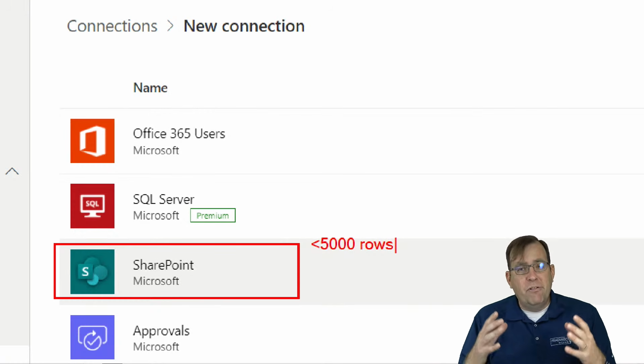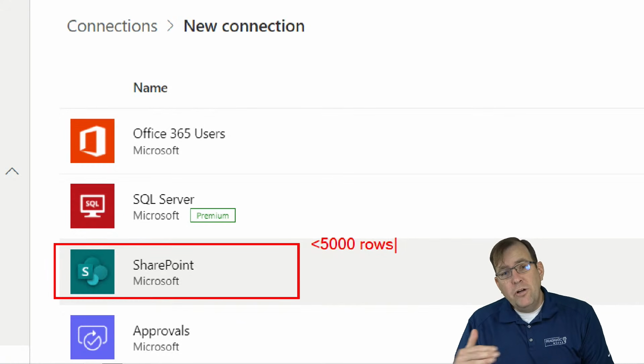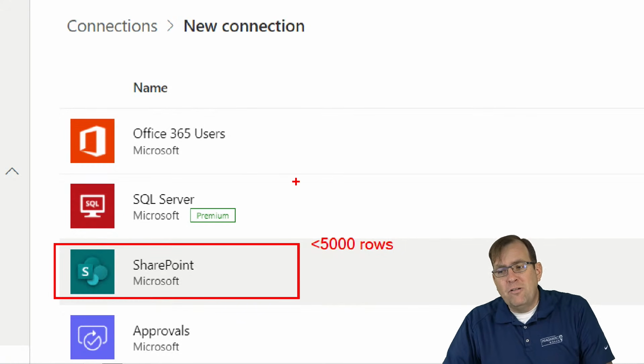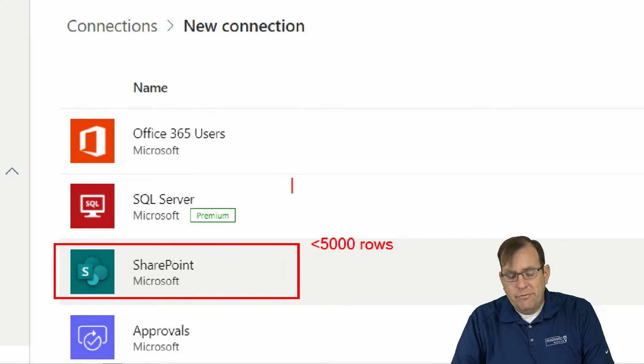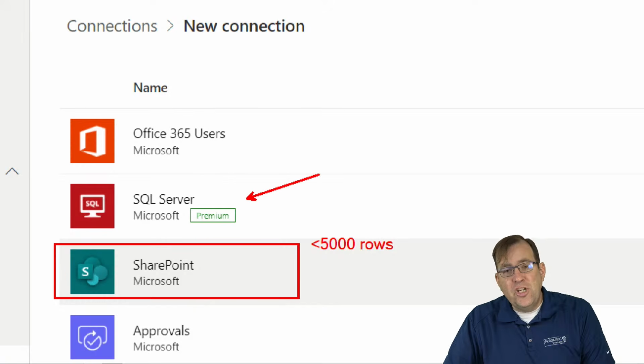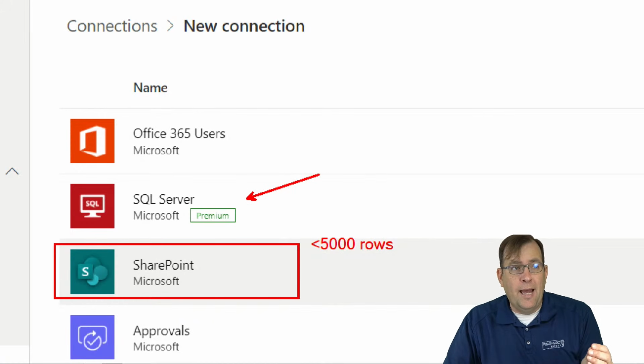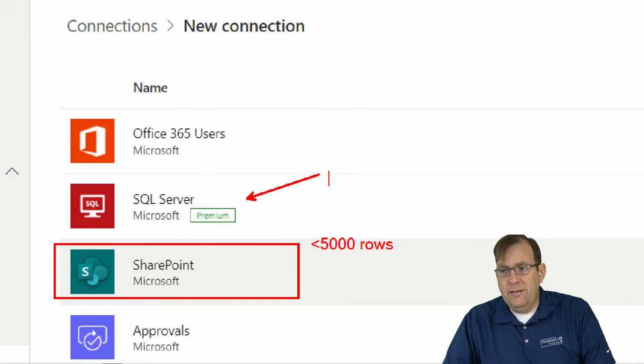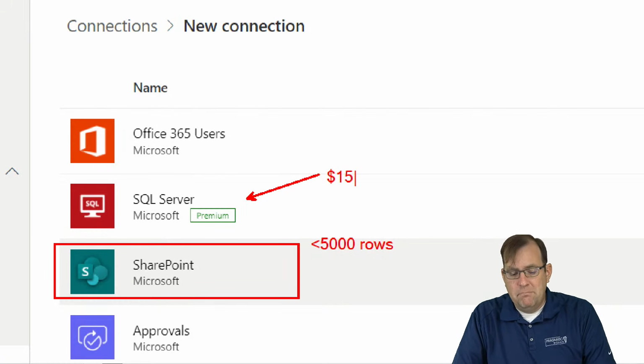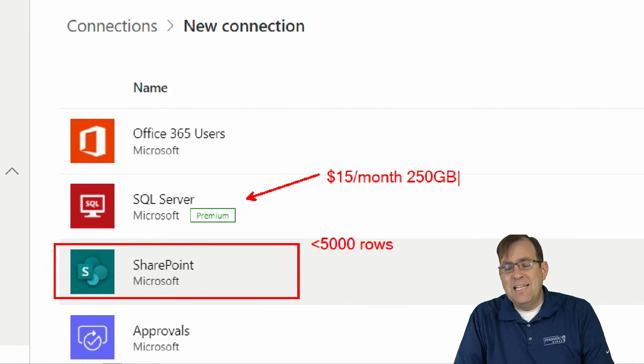So it is not meant for scalable data systems. Once you go into the thousands of rows, or hundreds of thousands, or millions of rows, SQL Server makes sense in most cases. SQL Server is a cheap data source if you put that data in Azure. You're probably looking at a starting cost of about $15 a month for 250 gigs of data. That's for storing the data.